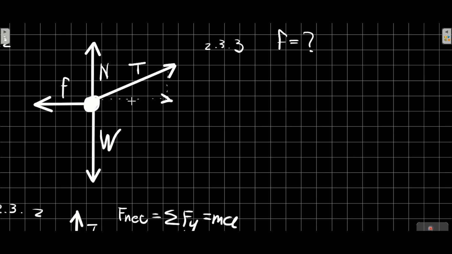The x component and the y component. So let's call this Ty and call this Tx. Now we can analyze the sum of forces along the x direction, since the block is moving in that direction and not in this direction.